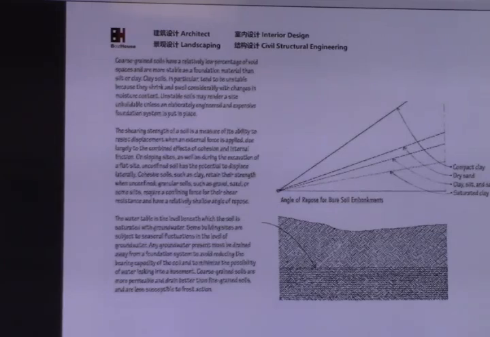For example, the top one is a compact clay, and for saturated clay, there is no angle of repose because there is no compaction.